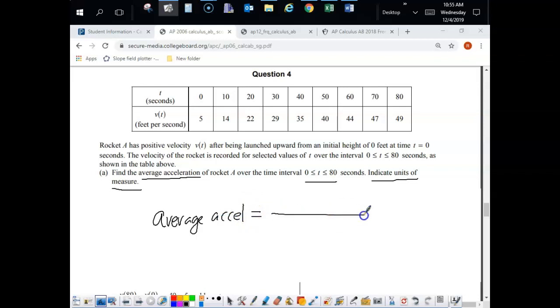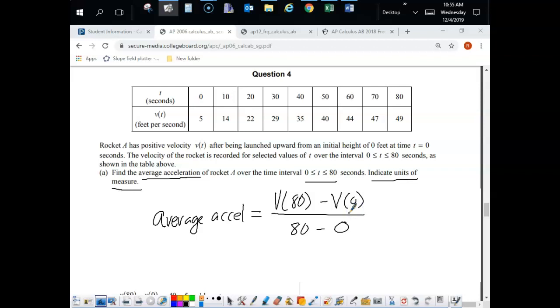the slope from 0 to 80 of the velocity function. Because remember, the acceleration is the derivative, or the slope, of the velocity.